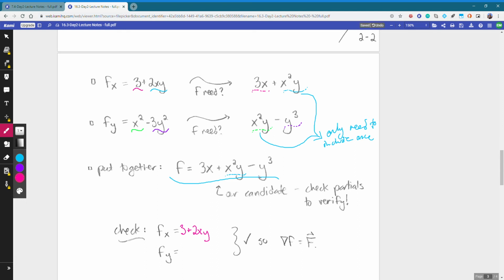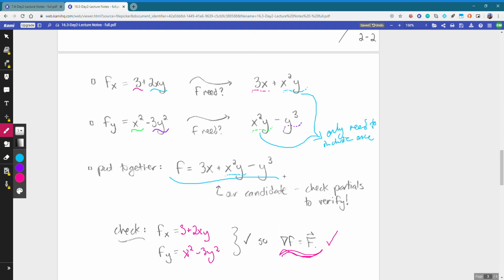And then the partial of our function with respect to y is going to be 0 plus x squared minus 3y squared. And if we compare these to the x and y components of our vector field, we see indeed that our function little f's gradient is equal to our vector field, and directly we have thus shown that our vector field is a gradient field.